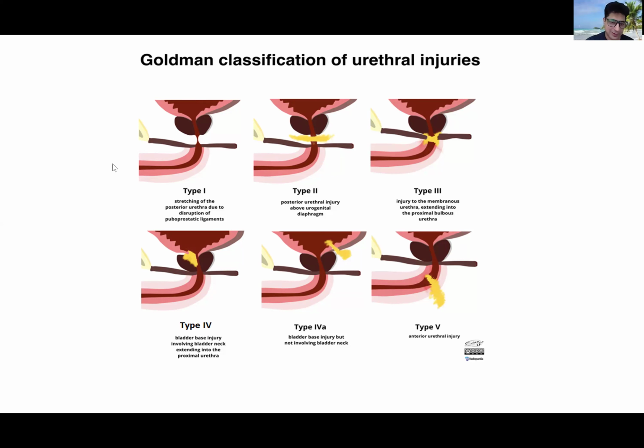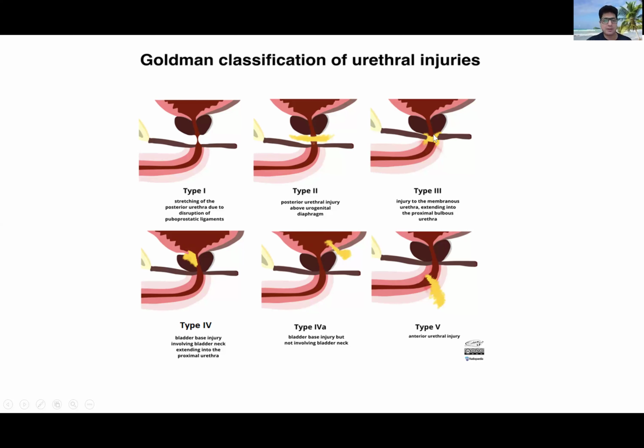So just pay attention. Type 1 is when it is stretched at the membranous urethra. Type 2 is when it is torn at the membranous urethra. Type 3 is torn at the membranous urethra and goes through the diaphragm, which is the case that I presented.